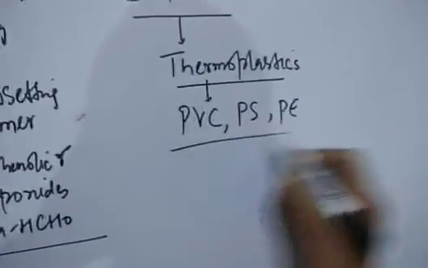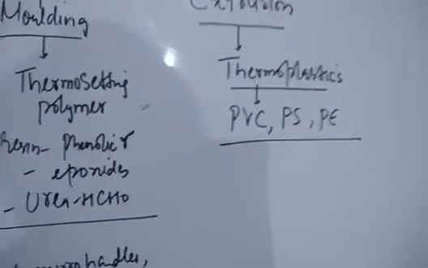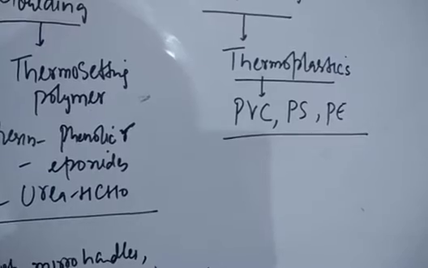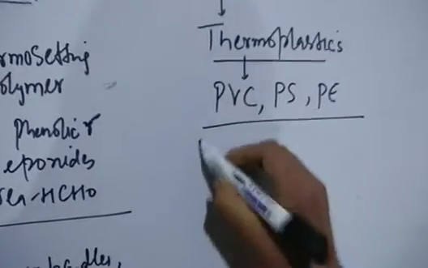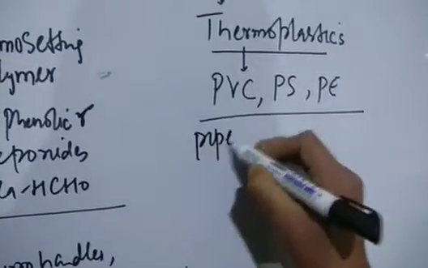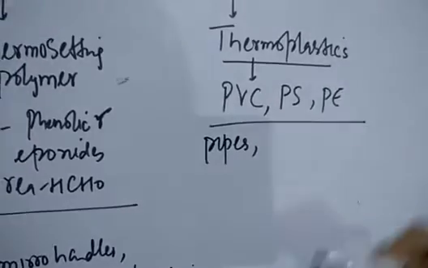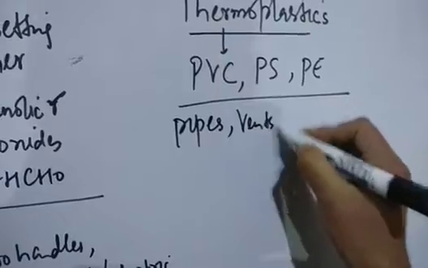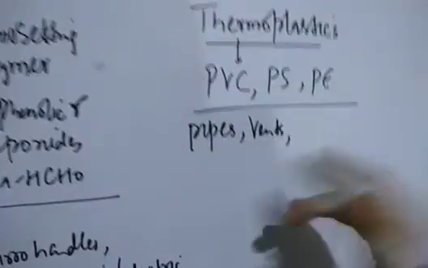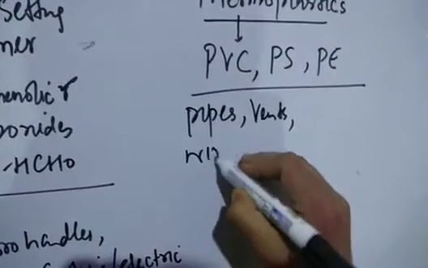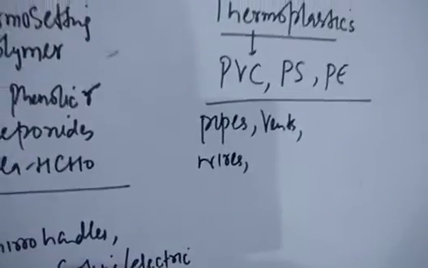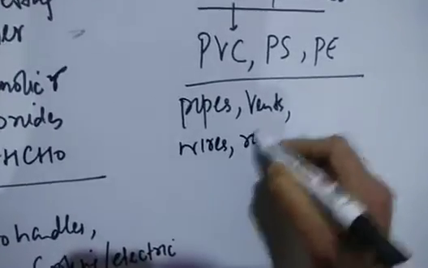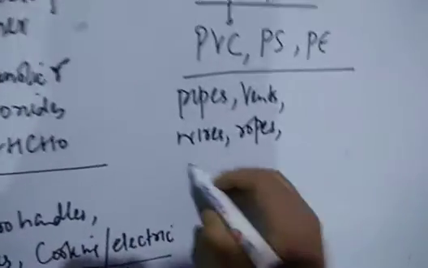Likewise, जो extrusion method है, यहाँ से जो हम major products process करते हैं, for example we can manufacture pipes, जो pipes हम देखते रहते हैं, vents, wires जो हम यूज करते रहते हैं डे टू डे लाइफ में, ropes, and home appliances.